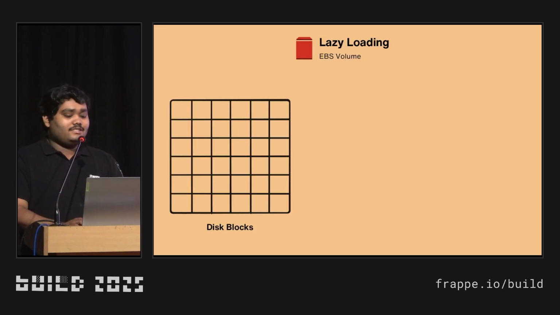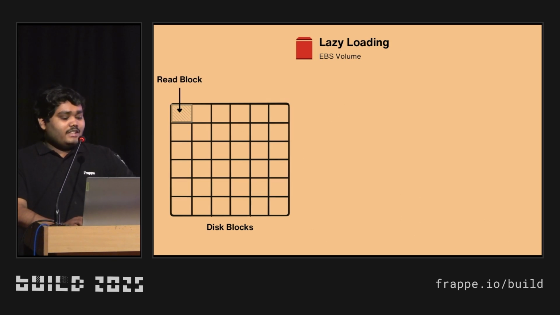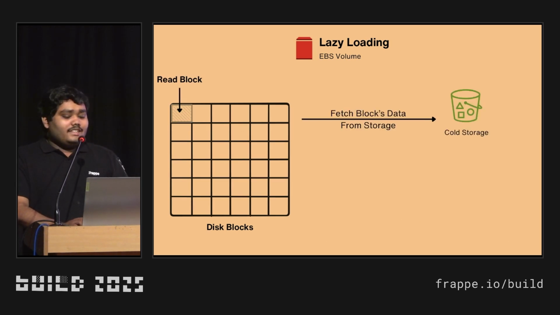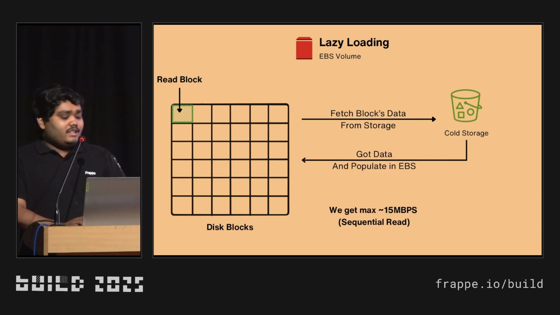But there is a hidden issue: it starts doing lazy loading. You get the disk obviously, but your disk is not initialized. If you try to read a single block, it will send the request to the cold storage or S3, wherever they have stored the file, fetch that specific block, populate that block, and then you can read it.